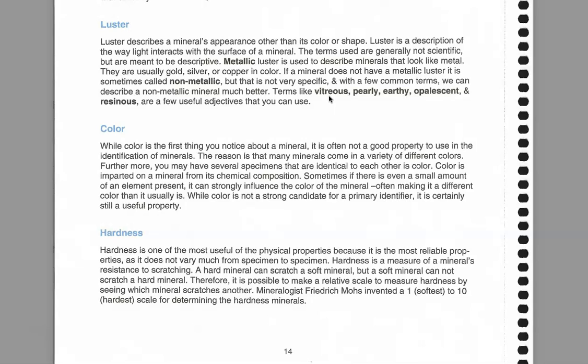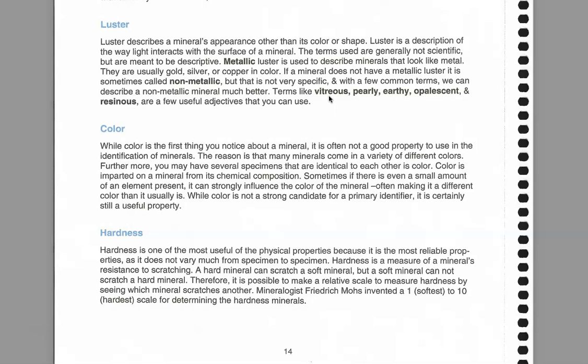So that's luster. Color. Again, something you'd think would be fairly simple. The problem is not everyone walks into this room with the same Martha Stewart palette in their head. What you might want to call off-white, someone in your group might want to call ecru. They're not wrong, you're not wrong, okay?